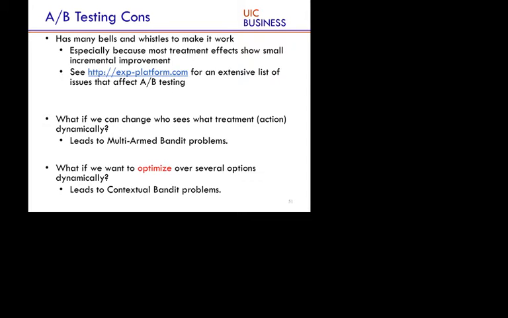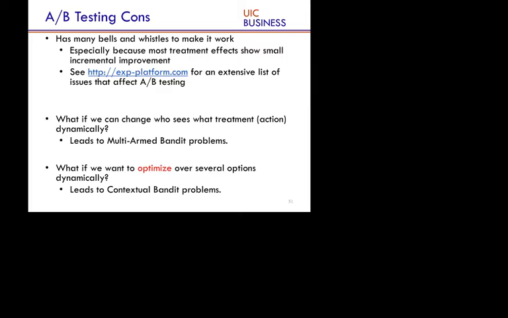Okay, so what are the cons? It has many bells and whistles to make it work, especially because it could be that the product that you're actually selling, let's say Bing.com, the baseline version is already very optimal. So it's hard to come up with a version B where you can actually show an improvement, or that it is even matching the same effect as the baseline.